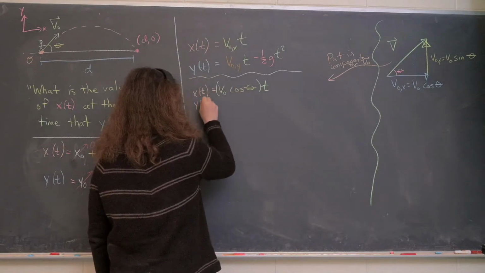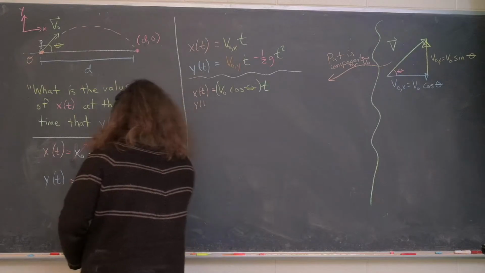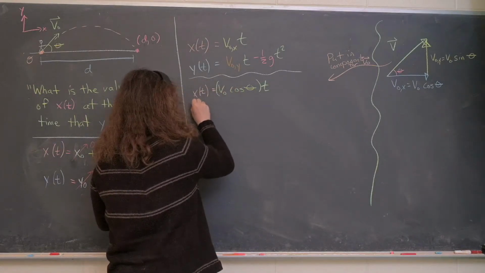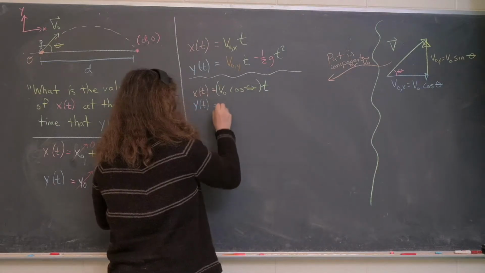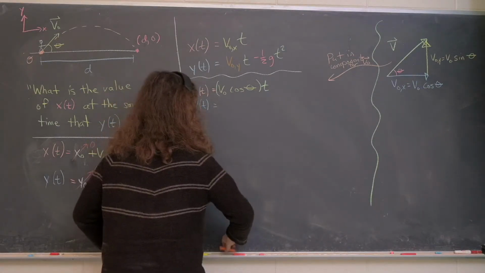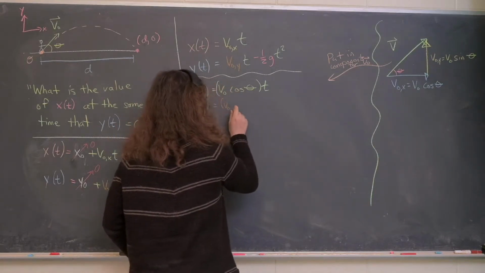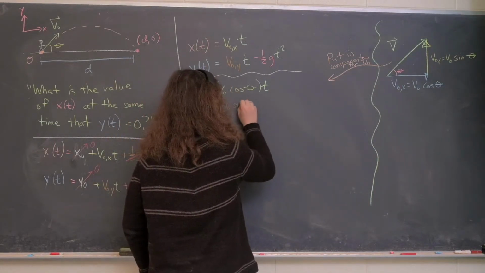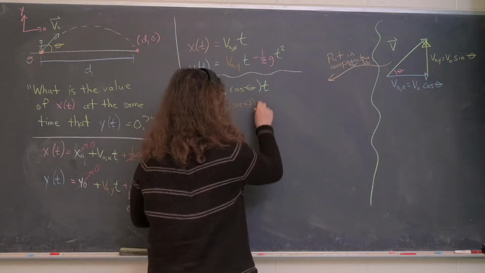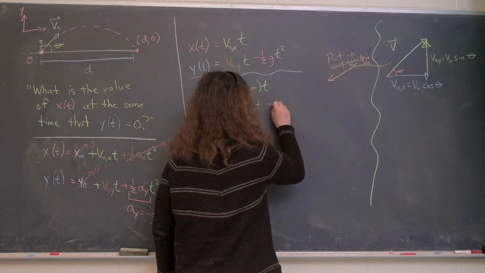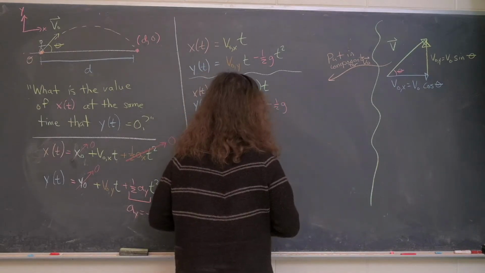And y of t is V naught sine theta times t minus the gravity contribution, minus 1/2 g t squared.